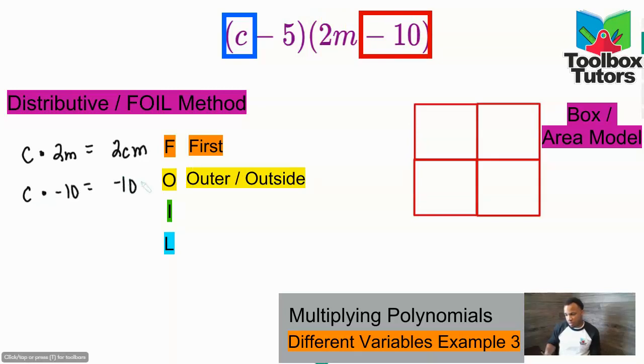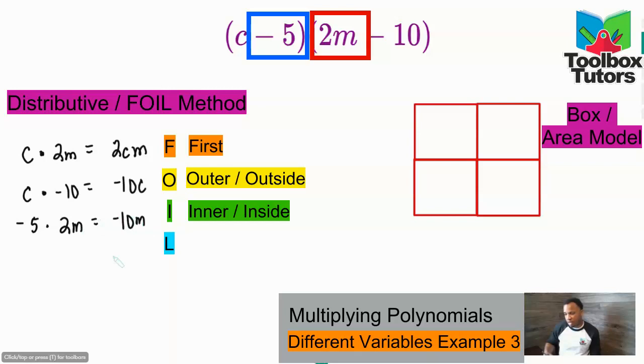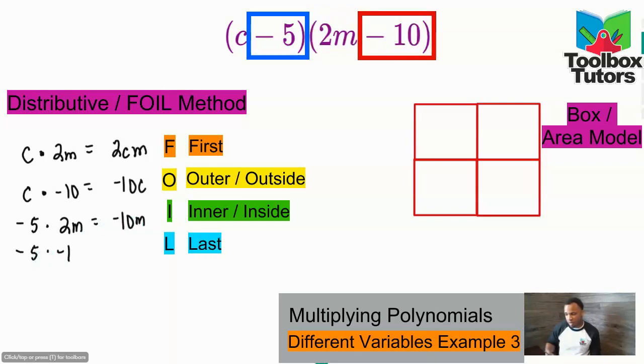Next, we have c times -10. This gives us -10c. Now we'll move to the second term in the first parentheses and multiply by everything in the second parentheses. So here we have -5 times 2m. This gives us -10m. And last, we have -5 times -10, giving us 50.